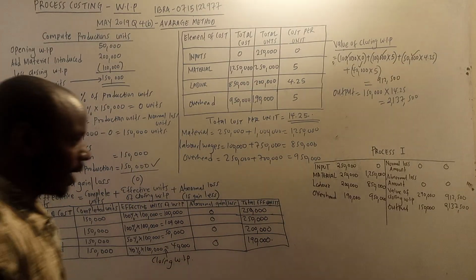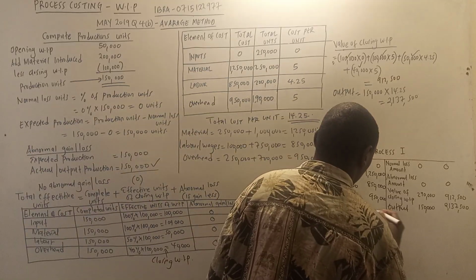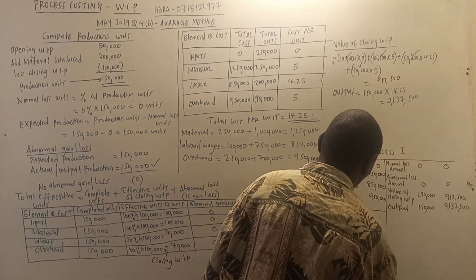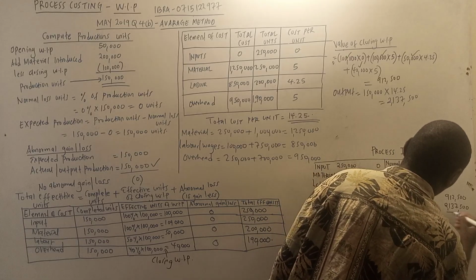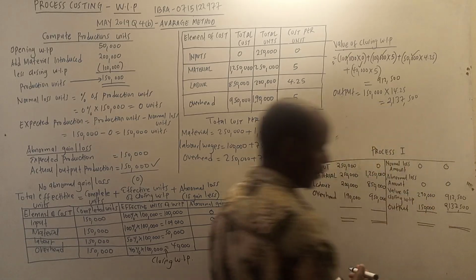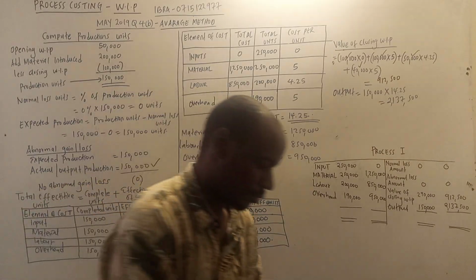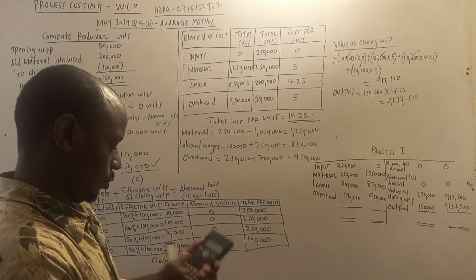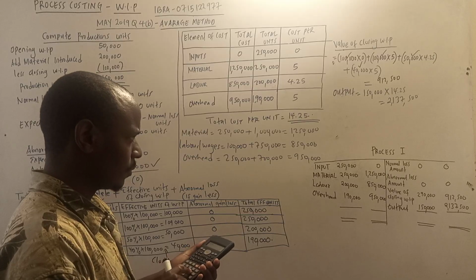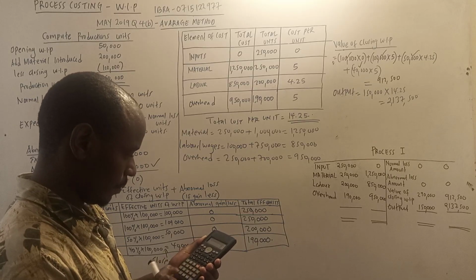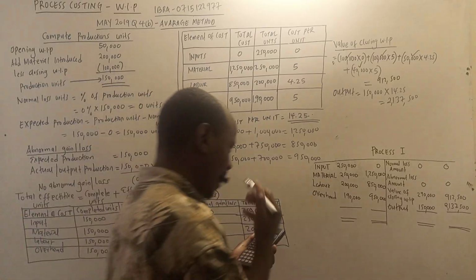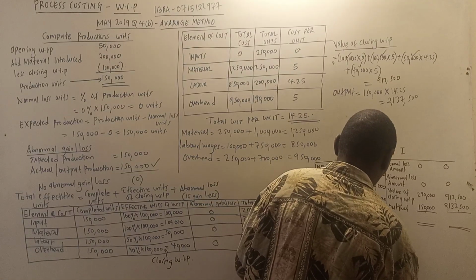So let us try and balance this account. We say 1250 plus 850 plus 950. So I'm getting 3050.